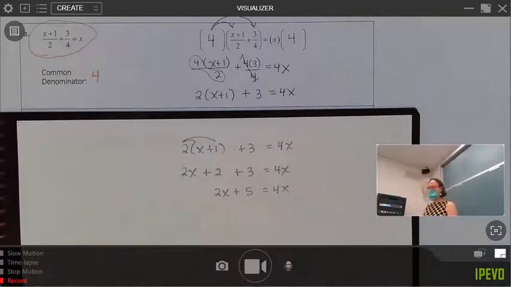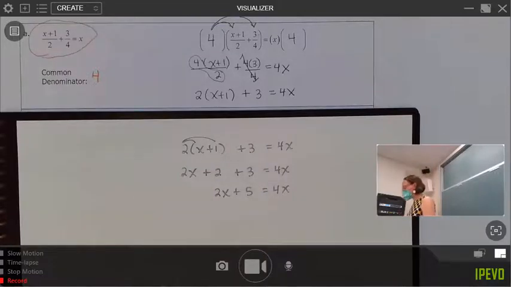And then I'm going to make a choice that might make some of you uncomfortable. Personally, I'm always going to move the x's to the side where the coefficient on x will become positive.